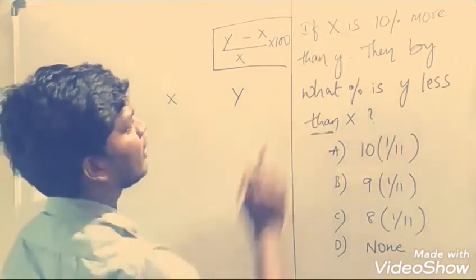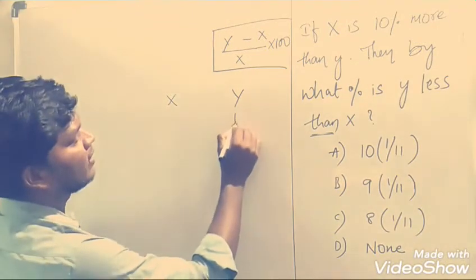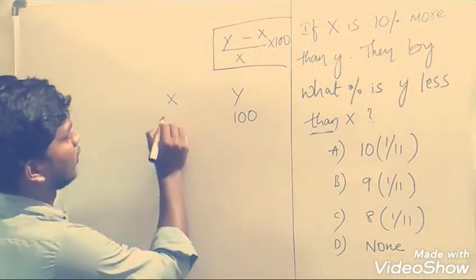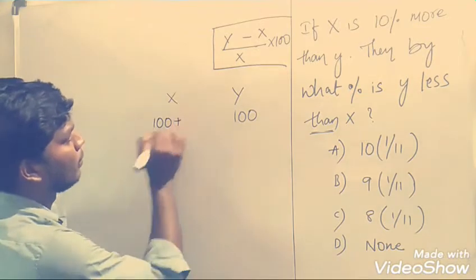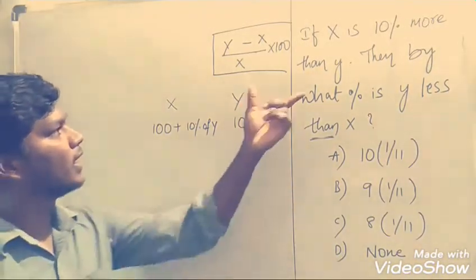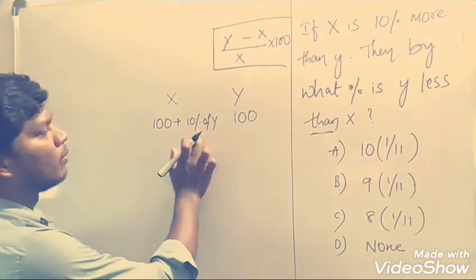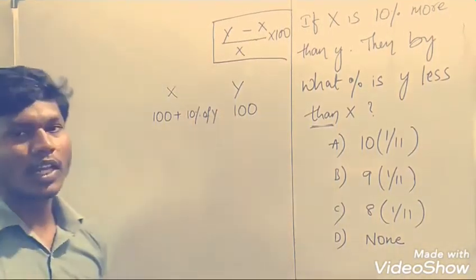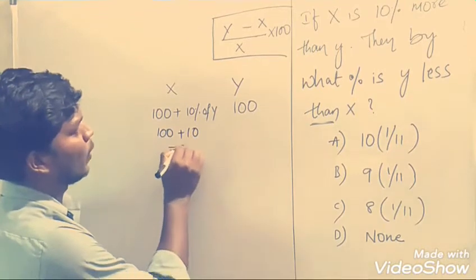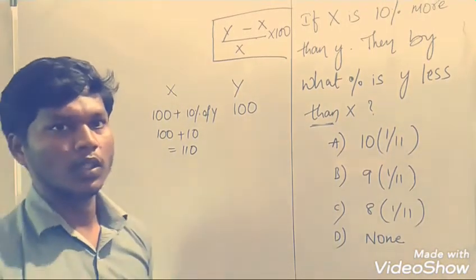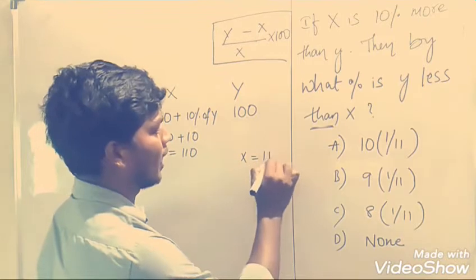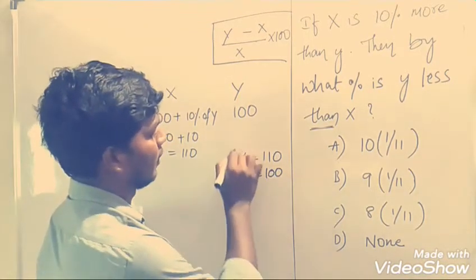He is saying x is 10% more than y, so let us take y equals 100. Then x is 100 plus 10% of y. 10% of 100 means 10, so 100 plus 10 becomes 110. Finally, we have the values: x equals 110 and y equals 100.